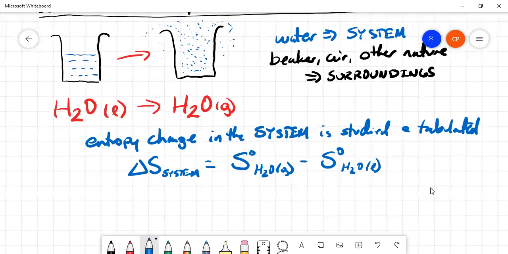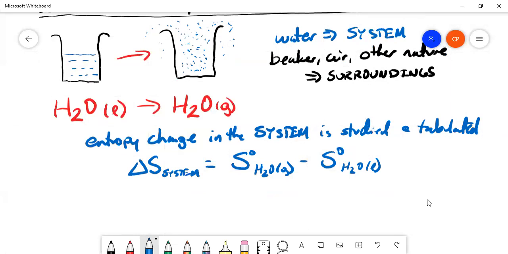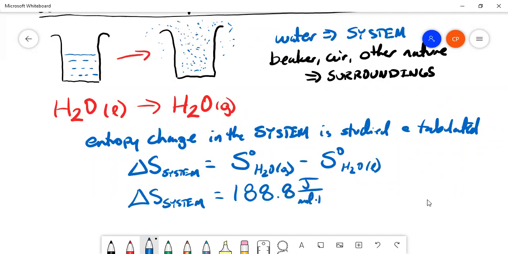So the entropy change in the system is the standard entropy of water in the gaseous phase minus the standard entropy of water in the liquid phase, because the gaseous phase is the products and the liquid phase is the reactants.